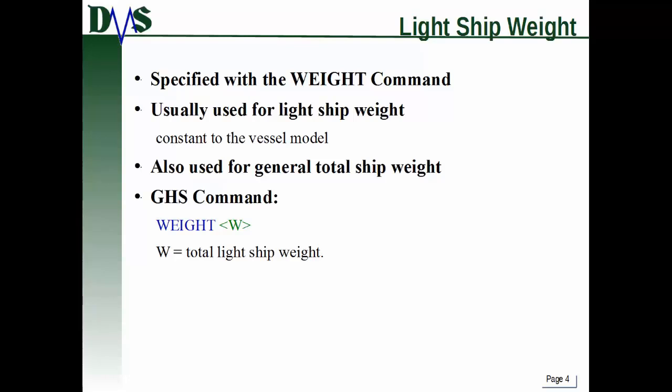Normally when we're doing stuff in GHS, we want to track what each weight belongs to. We want to say that some of this is coming from the cargo, some is coming from the fuel, some is coming from the crew on board. But sometimes if you're just doing a quick analysis, you don't want all that. You just want weight. So you can also use the weight command for that.